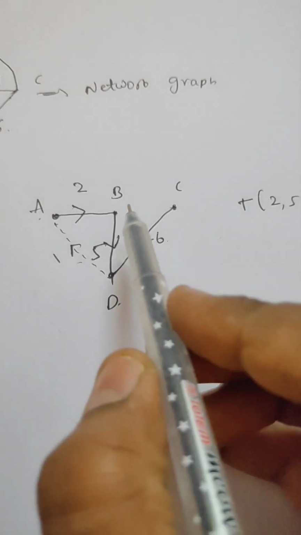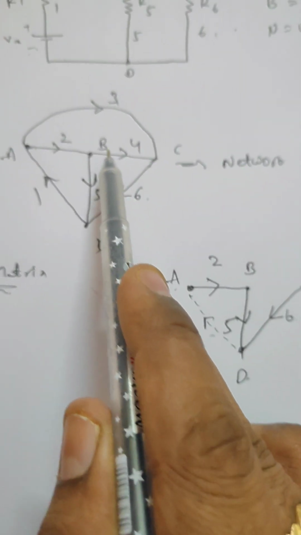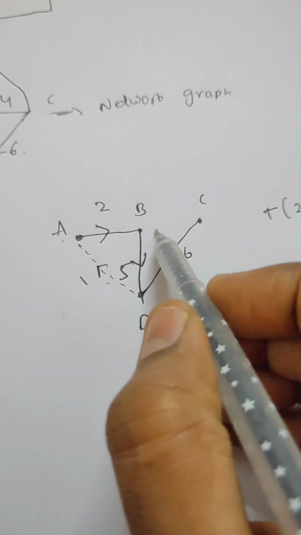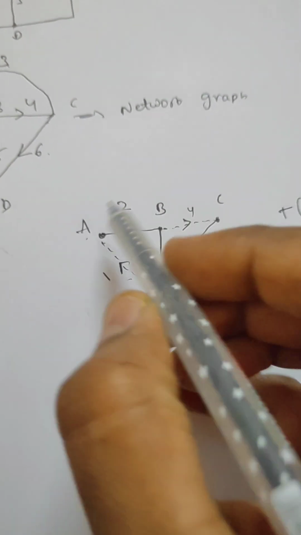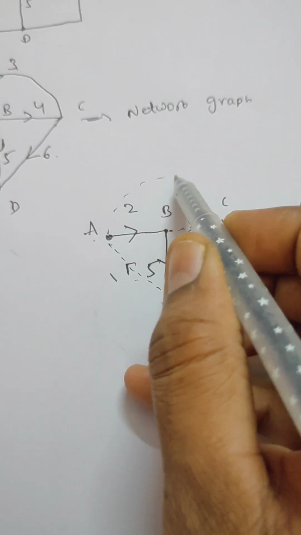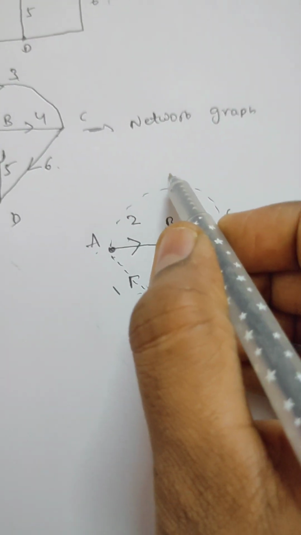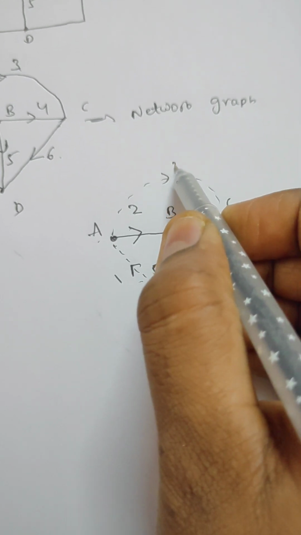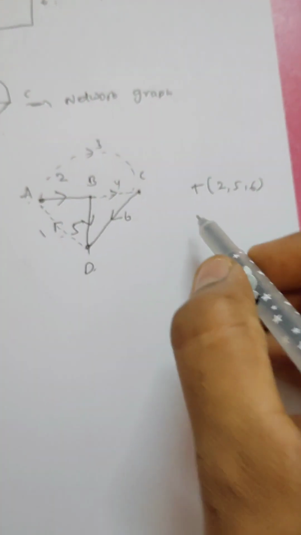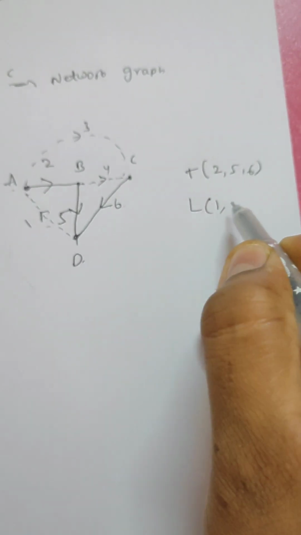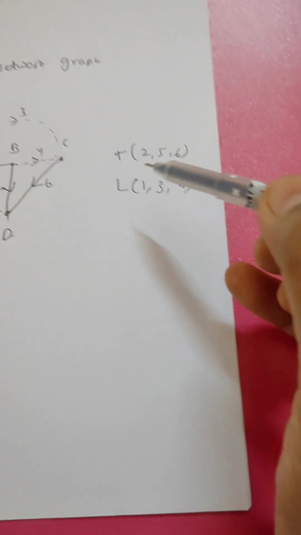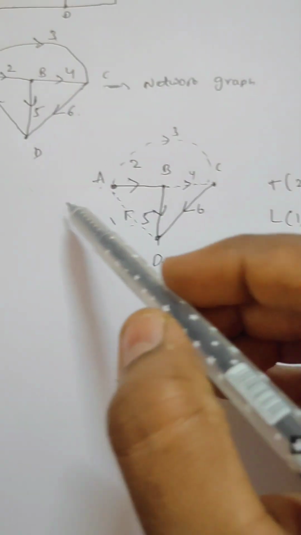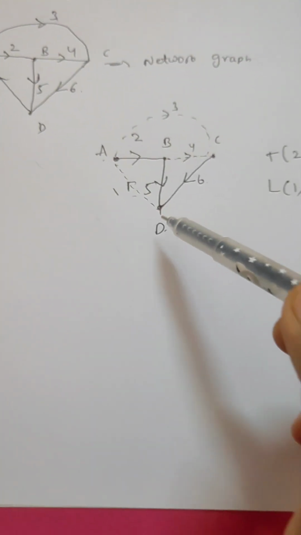Similarly, here branch 4 is missing, so this is also a link. Similarly, branch 3 is also a link. So the links are 1, 3, 4. If you add these links to the twigs, it forms the complete network graph.